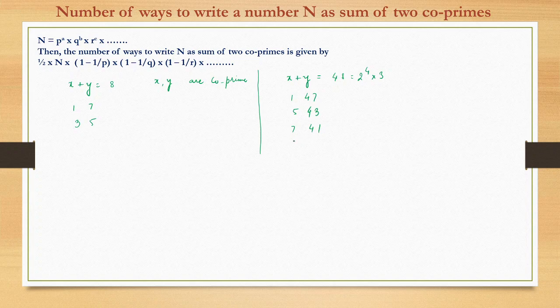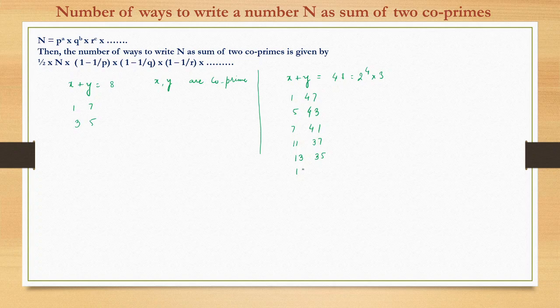Then it will be 11 and 37, 13 and 35, 15 and 33 has a common factor, for 14 also.